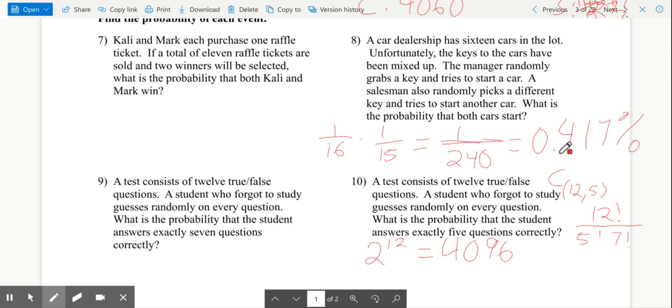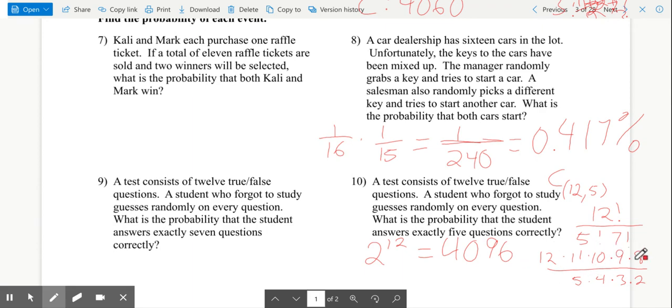So that's good. And then simplifying that down, you get 12 times 11 times 10 times 9 times 8 over 5 factorial, which is 5 times 4 times 3 times 2 times 1, but who cares? You could continue to simplify that, or you could just put this in your calculator, up to you.